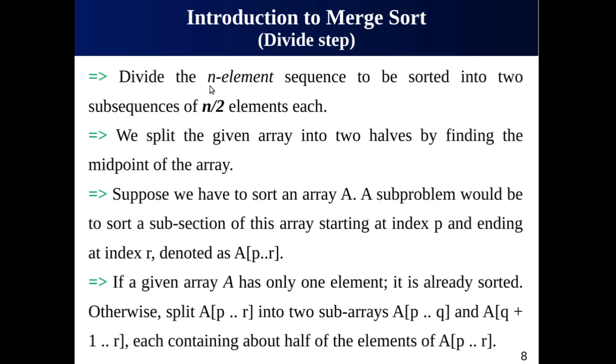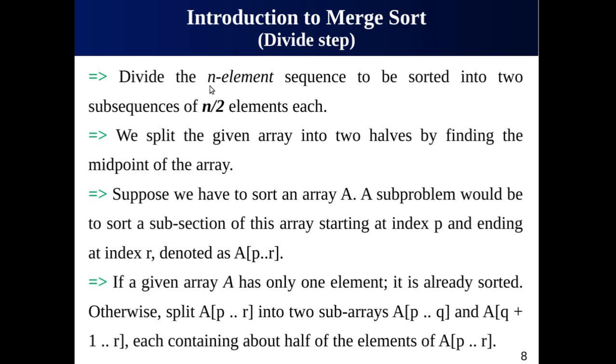Now you must be thinking, what if there are 7 elements, odd elements, or 9 elements, or 11 elements, and so on. In that case, when we have an odd number of elements in the list, you have to take the floor function or the ceiling function, meaning that one side will contain one more element than the other side.